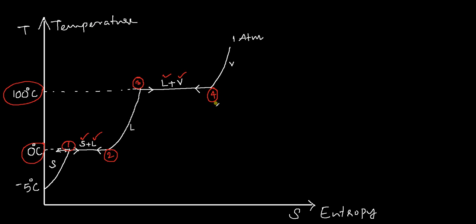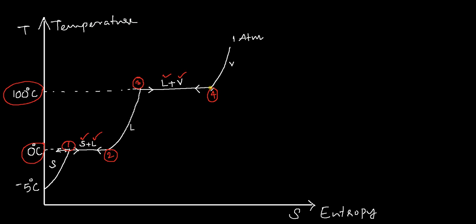Now, at 4, you have saturated vapor. All of the liquid, or all of the water you have, has now been transferred to the vapor state of the matter, and you have a saturated vapor here.